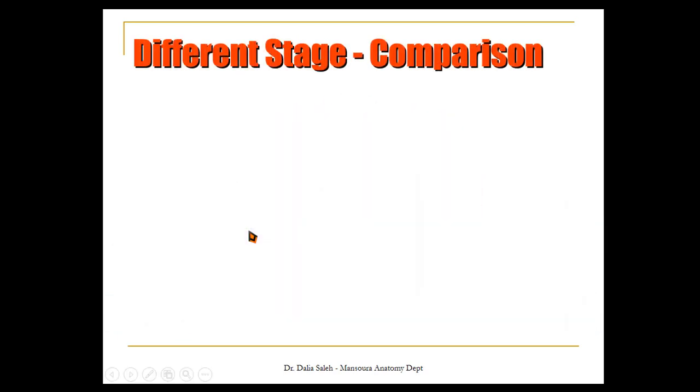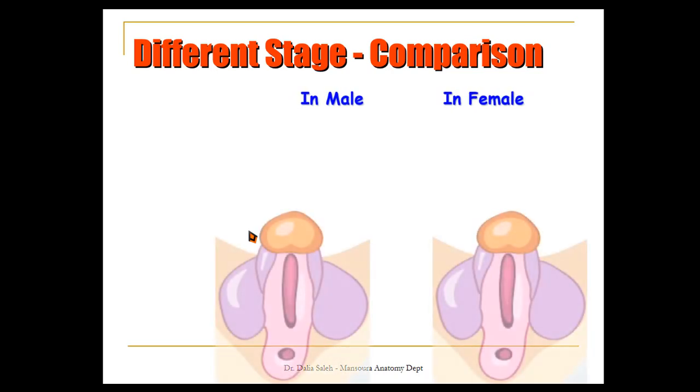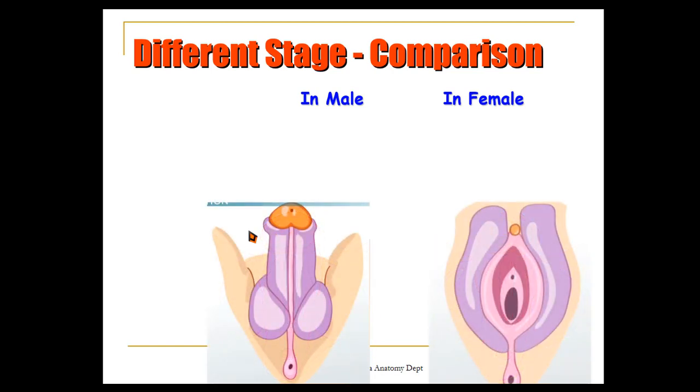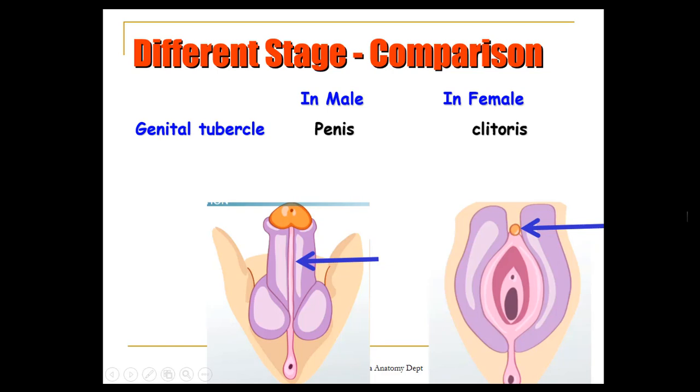So if we compare the development of the external genital organs in both male and female, we'll find that the genital tubercle in male will grow and form the penis, while in the female it will remain small and form the clitoris, like this.